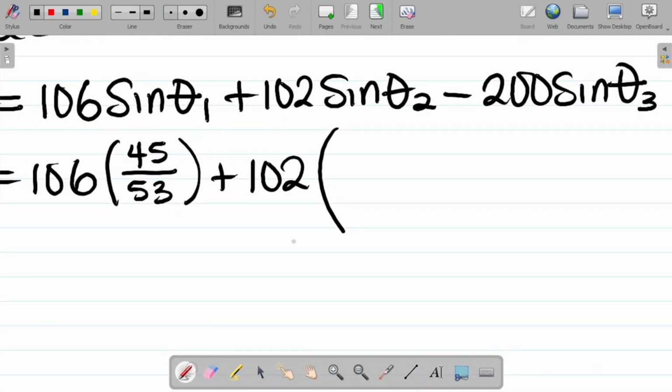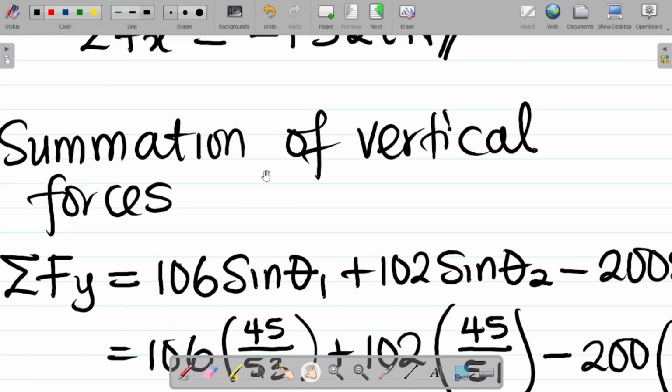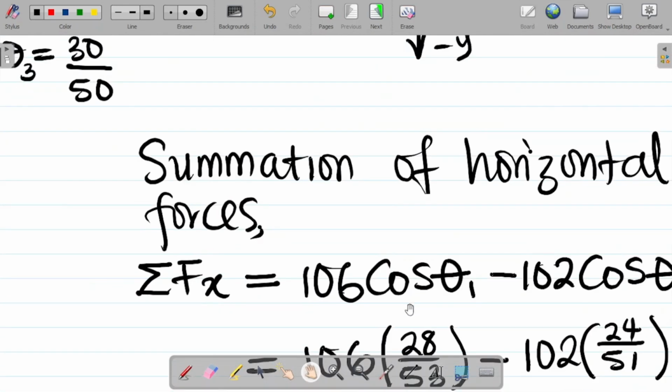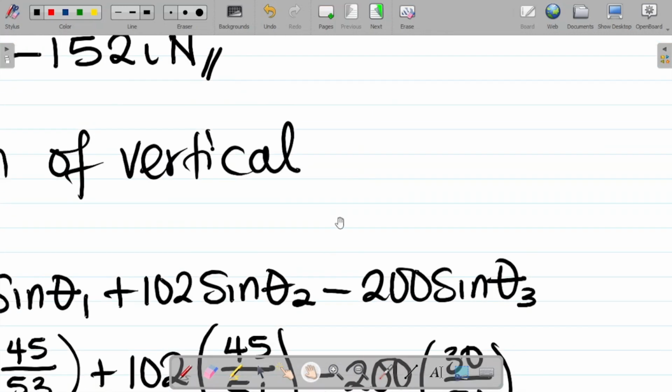That's 45 all over 51, minus 200 into sine theta 3. Sine of theta 3 is simply 30 over 50. That's into 30 all over 50. So we have these values here.